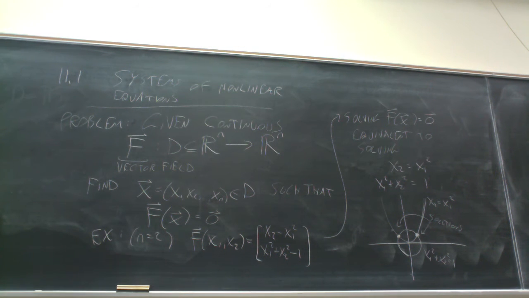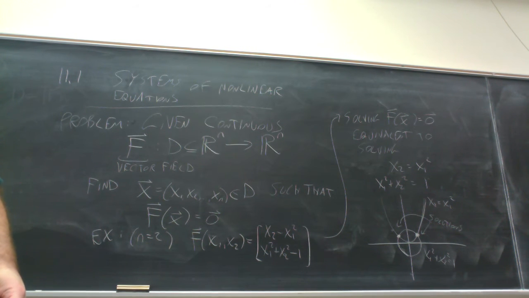And by using the methods that we've seen in Chapter 10, well, not bisection. Bisection won't help us here, but like fixed point iteration, Newton's method, a variation of the secant method. We'll try to adapt those to this n-dimensional setting to be able to solve these kinds of systems.